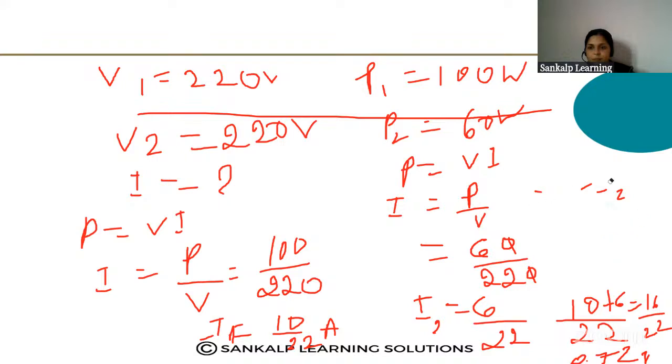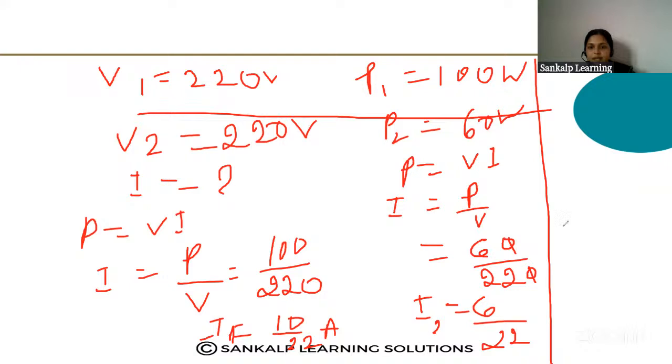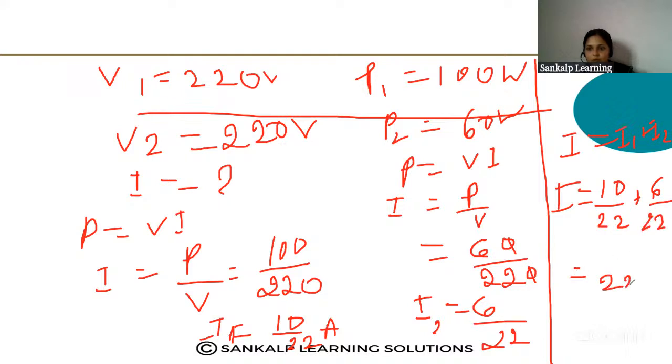I will write it once again here. You have to find out the current, right? This is I1 and I2. I is equal to I1 plus I2, where I1 is 10 by 22 and I2 is 6 by 22. So that is 10 plus 6 divided by 22, equal to 16 divided by 22. What is the answer?